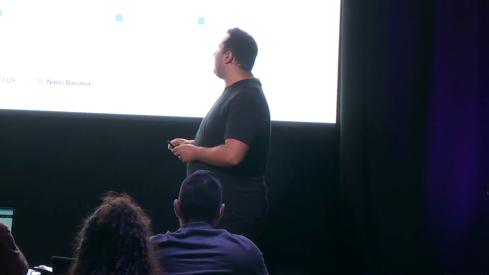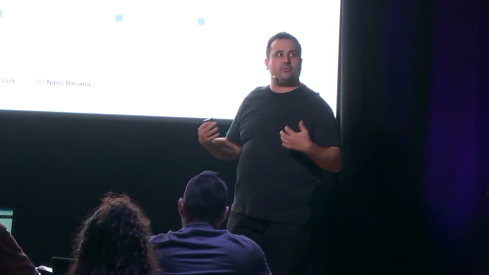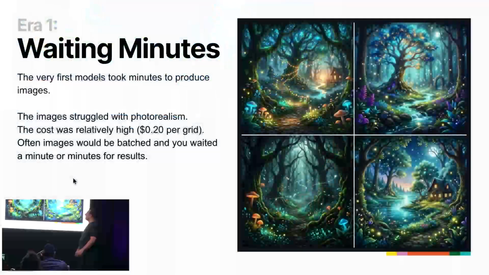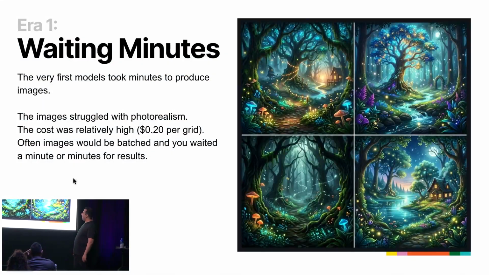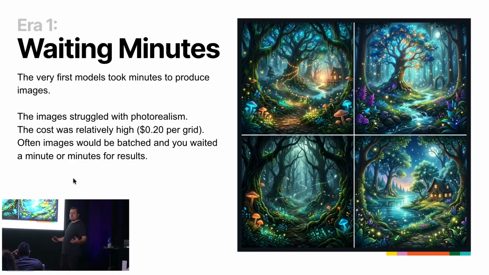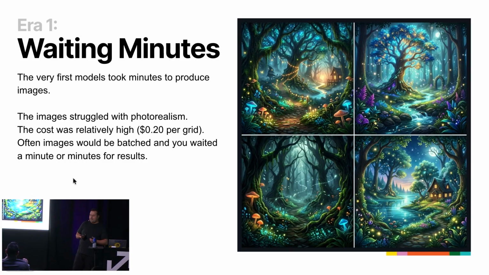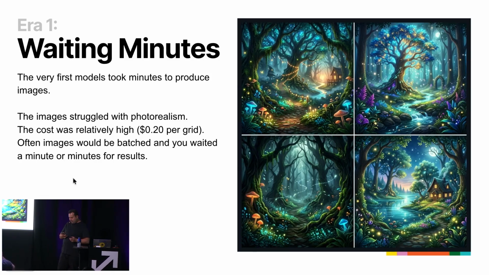Then we enter the third era, really. I think it was driven by Nano Banana. It's hard to remember that Nano Banana is only a year old at this point, and that was a massive leap in quality. I don't know if you remember these first models, very dreamy, right? The thing that hits me most about this is it took a long time.